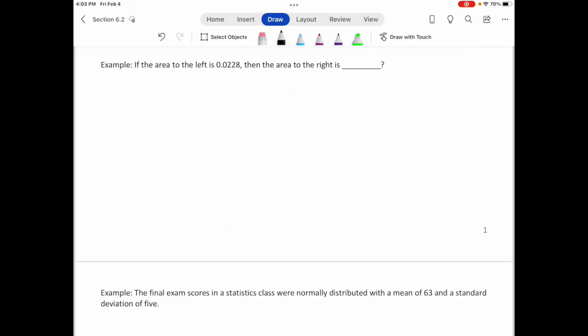So in this first example, this is an example to help us understand how the table works. So if I had a normal distribution and I have some value of x, I'll call it n, and I want to find the value of the probability below.